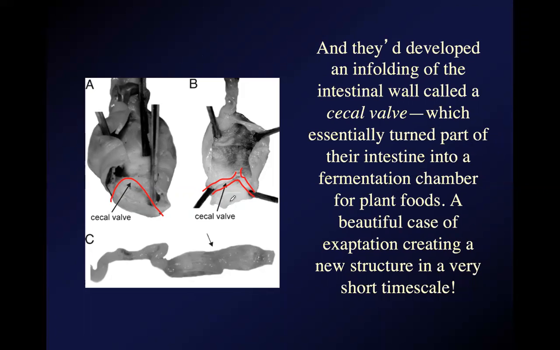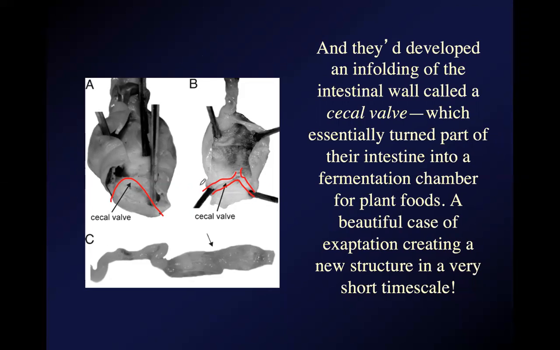This was the secret to how they were surviving and thriving on a diet of 60% plants, compared to their ancestors who'd been eating less than 10% of their diet as plants. They'd evolved the ability to ferment. And it's not that they evolved anything new. They took the existing lining of their guts and just folded it a little bit and added a little slip of muscle. So they're working with what's already there. Nothing radically new is getting added.